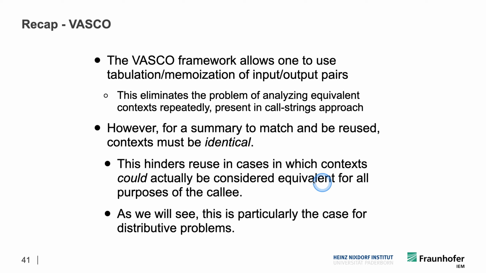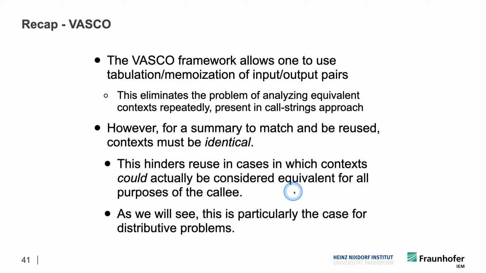And yeah, in general, this property hinders reuse in cases in which contexts could actually be considered equivalent for all purposes of the callee, but in which they are not really the same, right? So they might be equivalent, but they are not identical. But VASCO doesn't have any notion of equivalence, right?